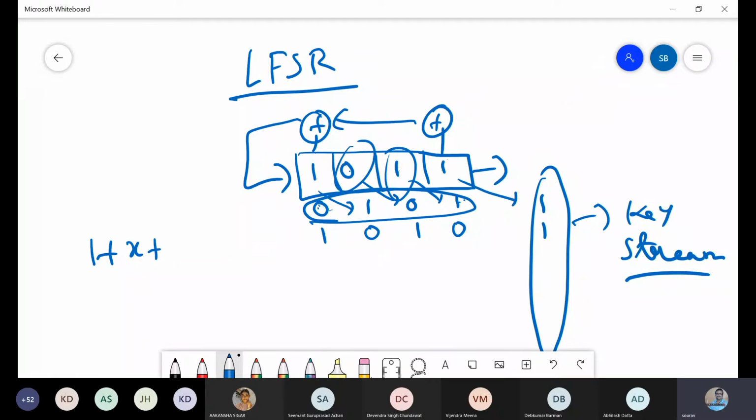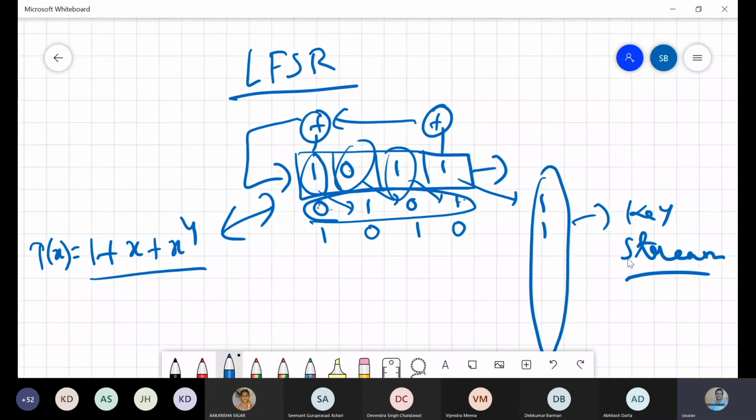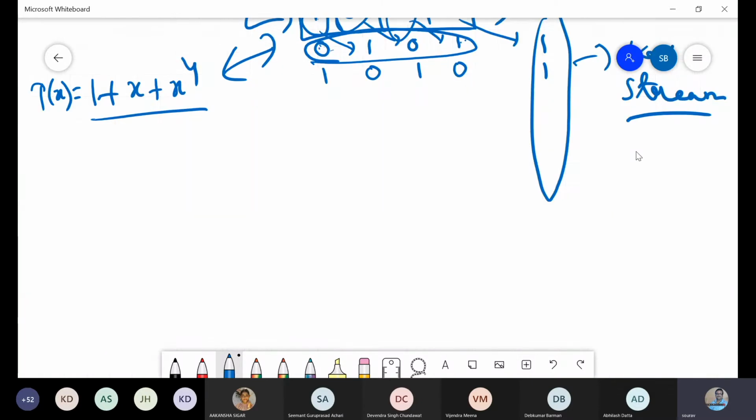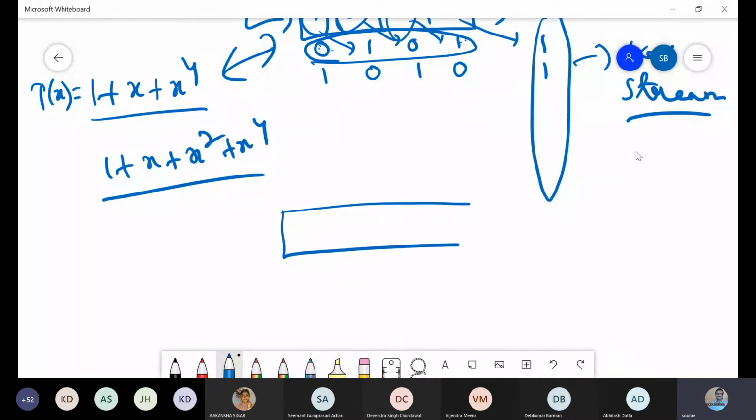Similarly, no x cube term will come, but we have a connection here, so we have an x4 term. So this is our P(x) corresponding to this LFSR. So this is a one-to-one correspondence between LFSR and a polynomial. If you have a 4-degree polynomial, then we can have an LFSR. For example, if we are given 1 plus x plus x square plus x to the power 4, then we can easily think of a corresponding LFSR.